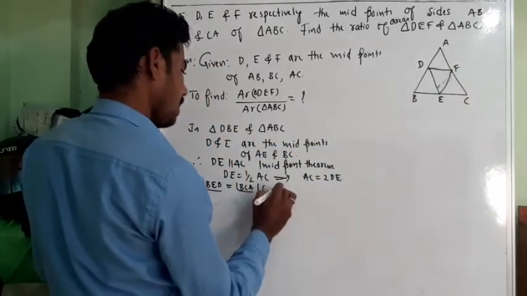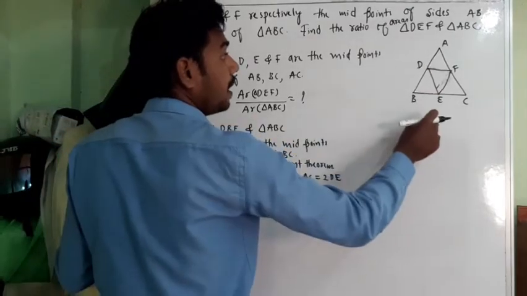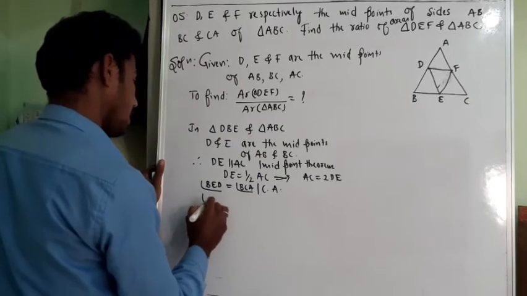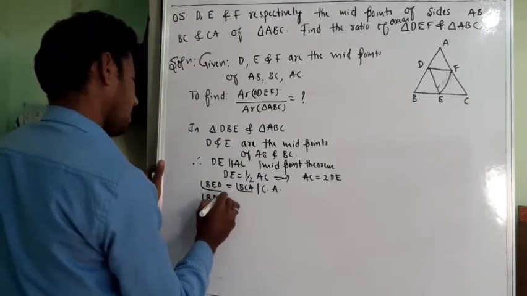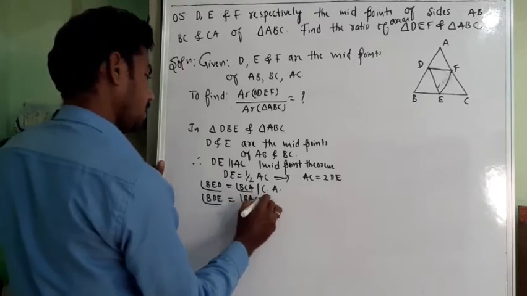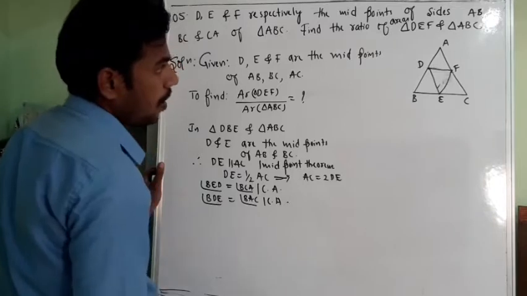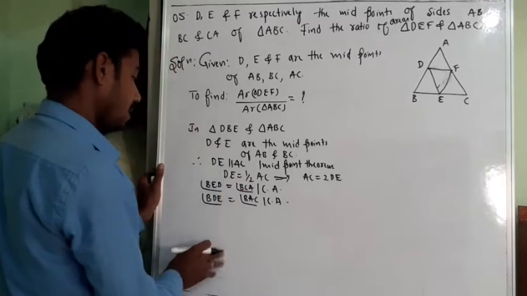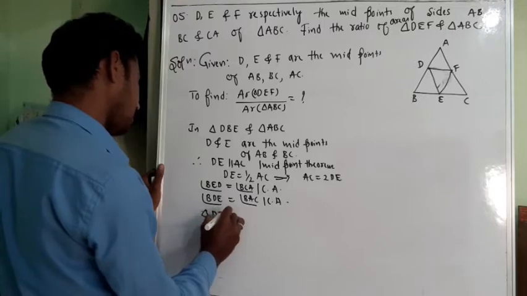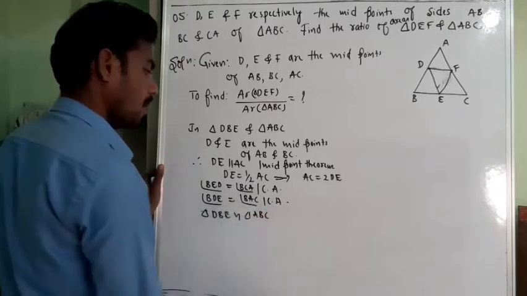Next, angle BDE is equal to angle BAC, same, corresponding angles. Now, what can I write? So, triangle DBE is similar to triangle ABC. Okay.